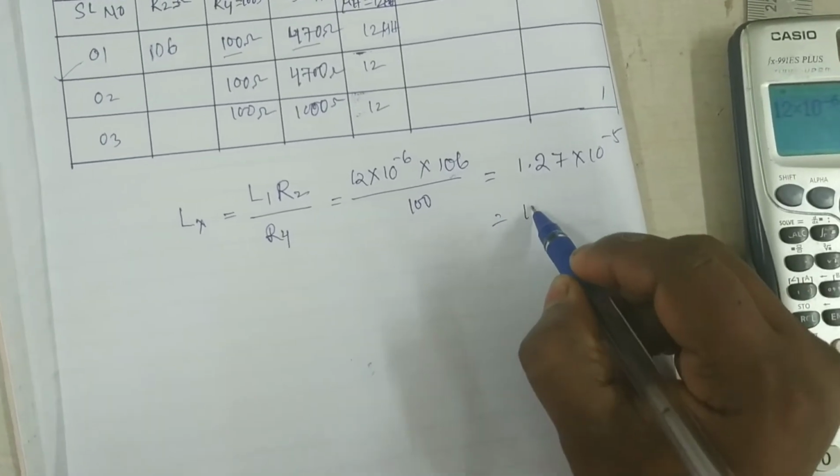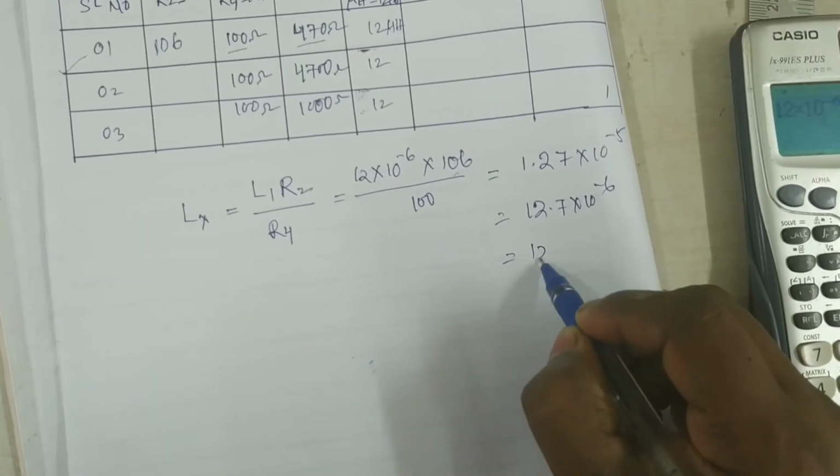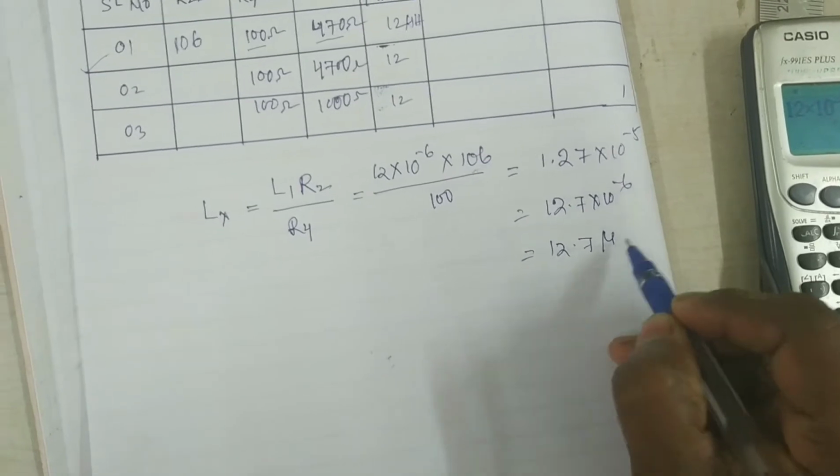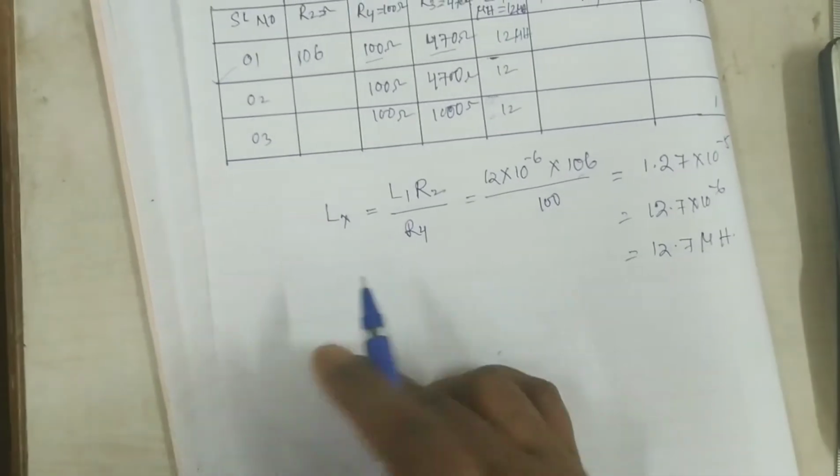So 12.7 into 10 to the power minus 6, 12.7 microhenry. This is the result of Lx.